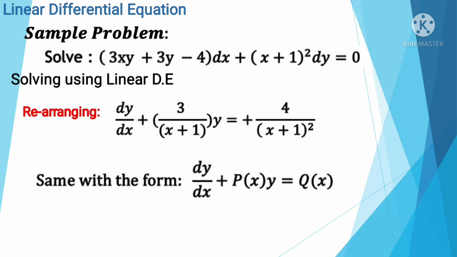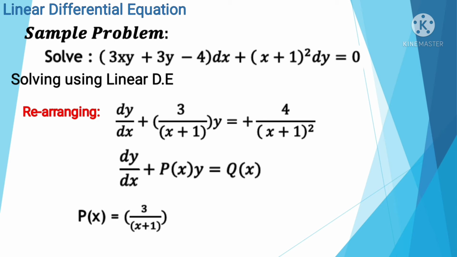Now, looking back to the general equation, dy over dx plus p of x times y is equal to q of x. They are now the same. Therefore, it is a linear DE in terms of y.